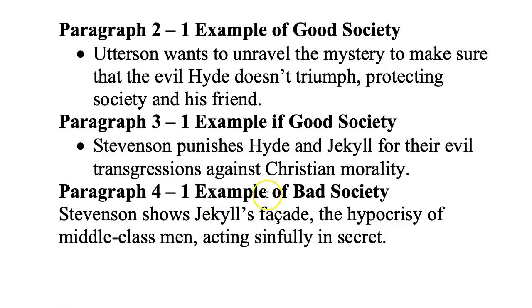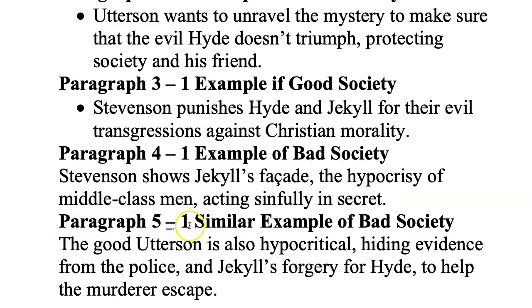Now I've got to have another example of bad society which is connected to this one. Now in paragraph 5 I'm going to have a similar example of where Stevenson is criticising society. So the good, and I use that in inverted commas even though they're not there, Utterson, is also hypocritical. See how it's a similar example because we had hypocrisy up there.